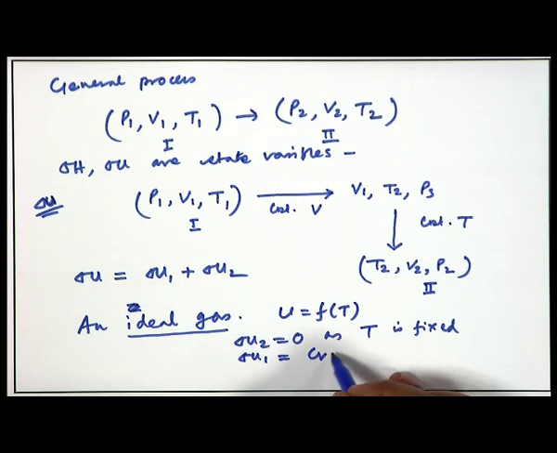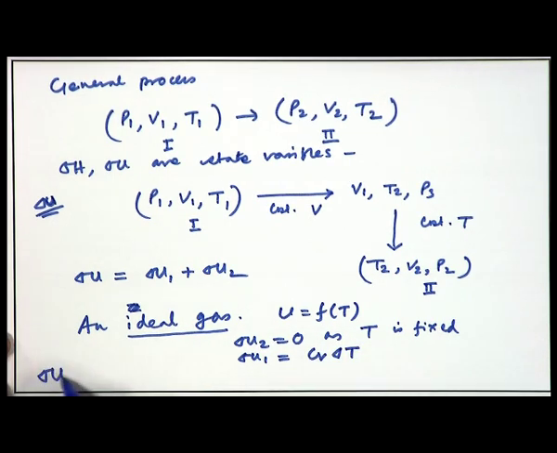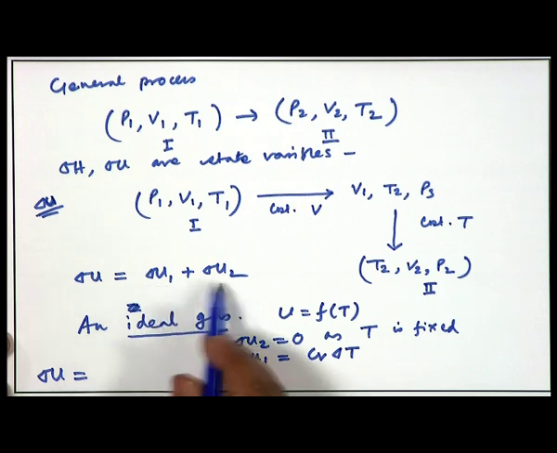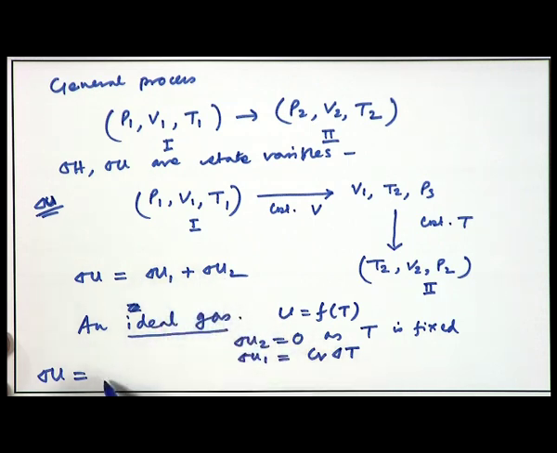It will be given by Cv dT. So, del U will be given by the first process and second process, so Cv del T plus 0.